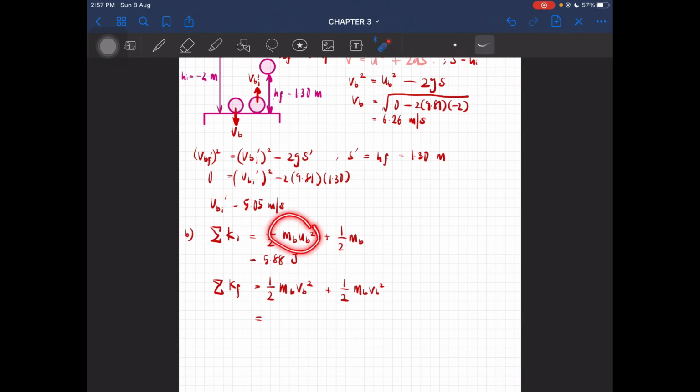One is for the ball, and one is the speed for the floor.